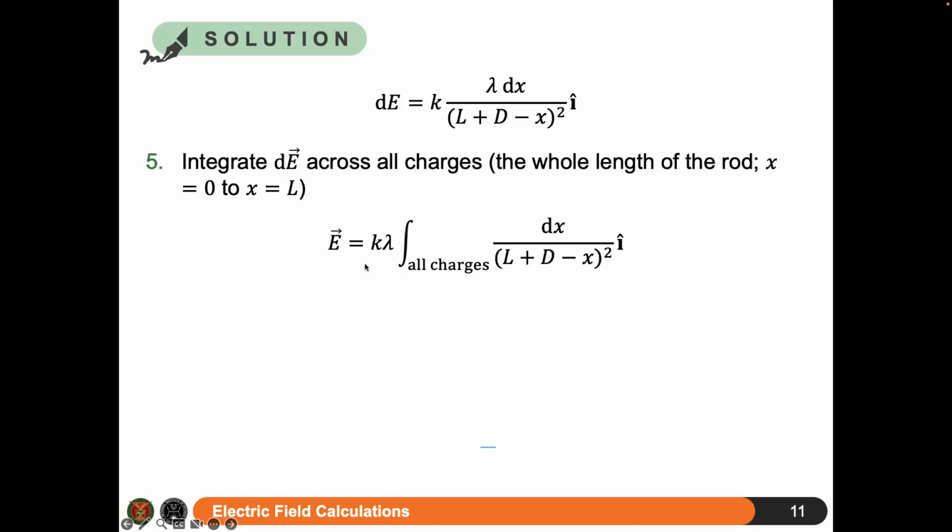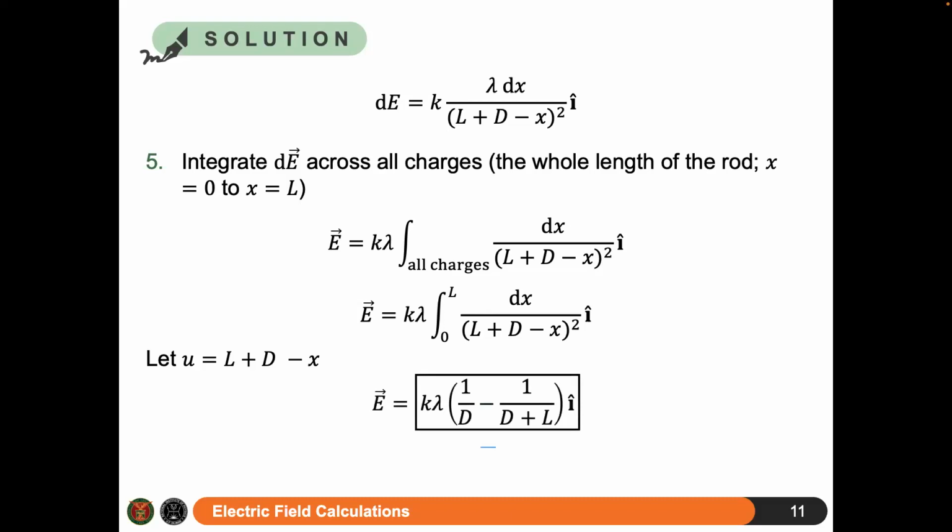So E equals k lambda. Okay. So lambda is constant. Why is it constant? Because of the uniform charge density. So it just comes out of the integral. We plug in the boundaries 0 to L. Let u equals L plus d minus x.